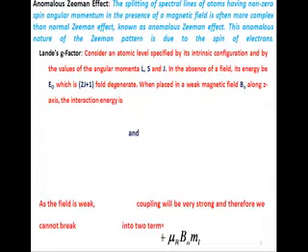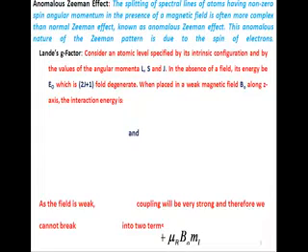First of all, we will try to learn the Lande G factor: what is the Lande G factor and how we derive its formula, and then for various energy states we are going to calculate the value of G. For that, let us consider an atomic level specified by its configuration and the values of the angular momenta L, S and J. In the absence of field, its energy is E naught and it is 2J plus 1 fold degenerate.